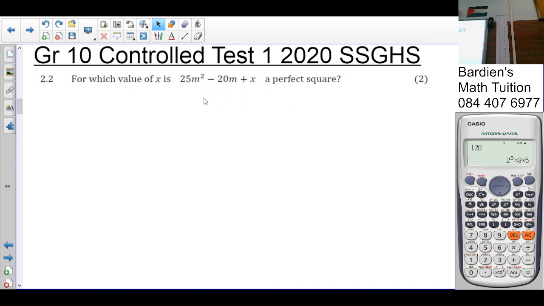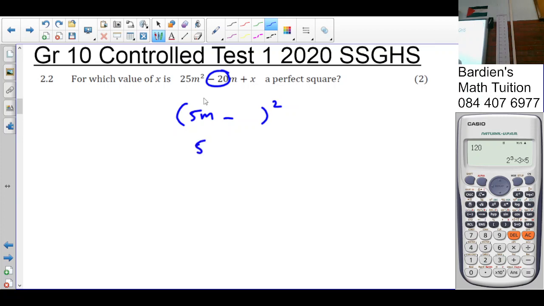For which values of x is 25m squared minus 20m plus x a perfect square? So what does a perfect square mean? That I can write it as 5m minus something, squared. Now for this number here, how do we get that?